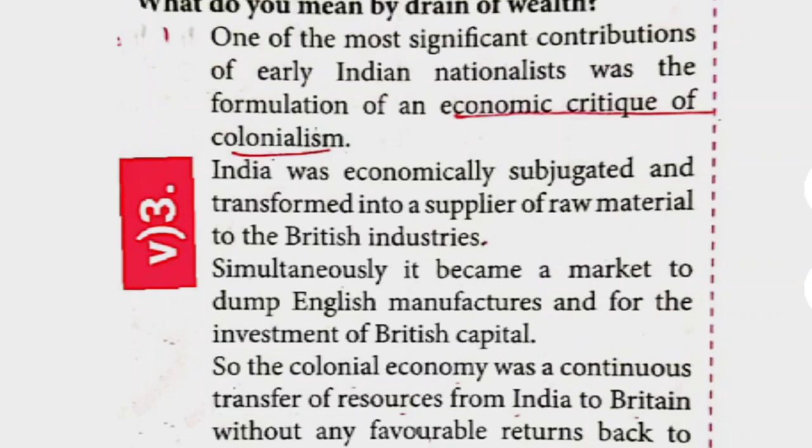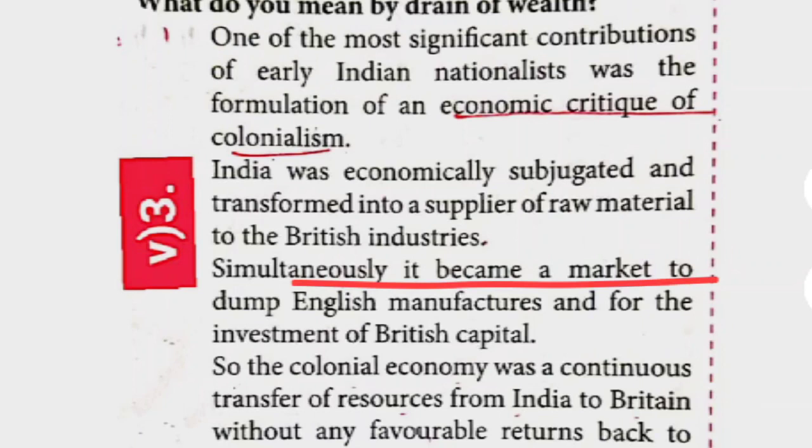At the same time, simultaneously, it became a marketplace. As I told you just before, the finished products, manufactured goods and commodities, they sold into the Indian market. In India only they were sold. That's why India became a marketplace of British goods.